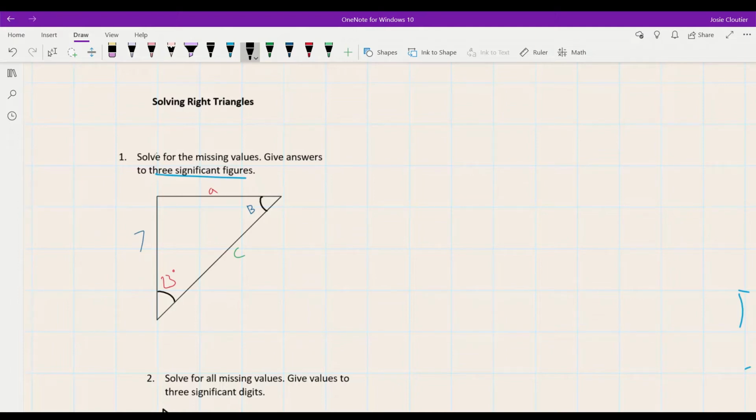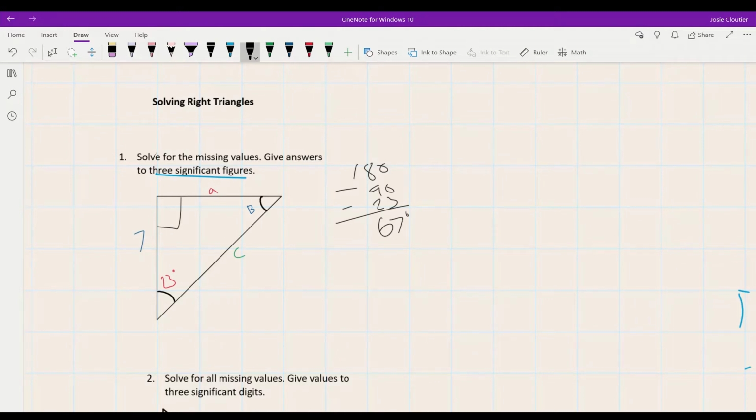Because we know that any triangle is composed of 180 degrees, and we know that angle A is 23 degrees, and we know we have a right angle. So we can say 180 minus 90 minus 23 will give us angle B. So 180 minus 90 minus 23 is equal to 67 degrees.